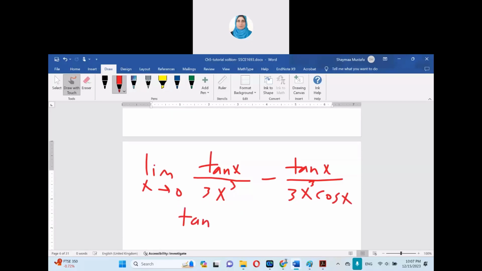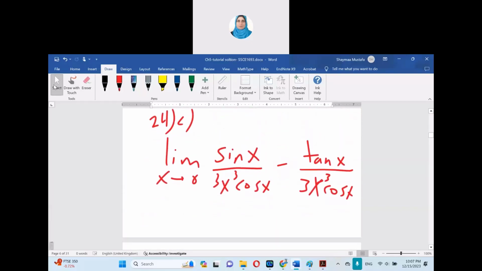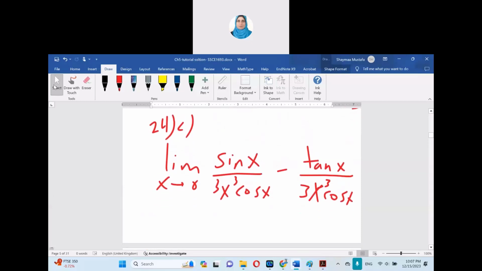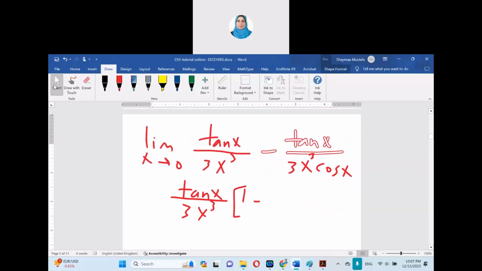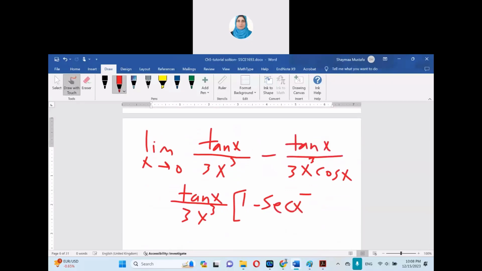So take tan x over 3x cubed. Now tan x over cos x: 1 over cos is sec x, because I take tan outside, so those will become sec x. So what will you do here?